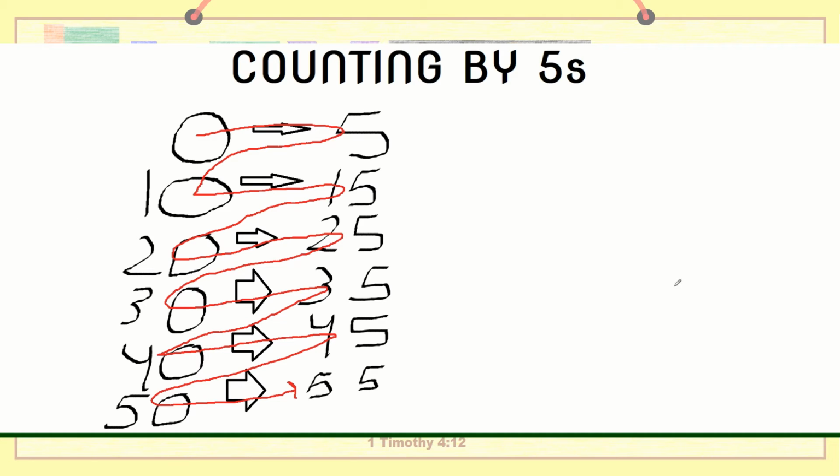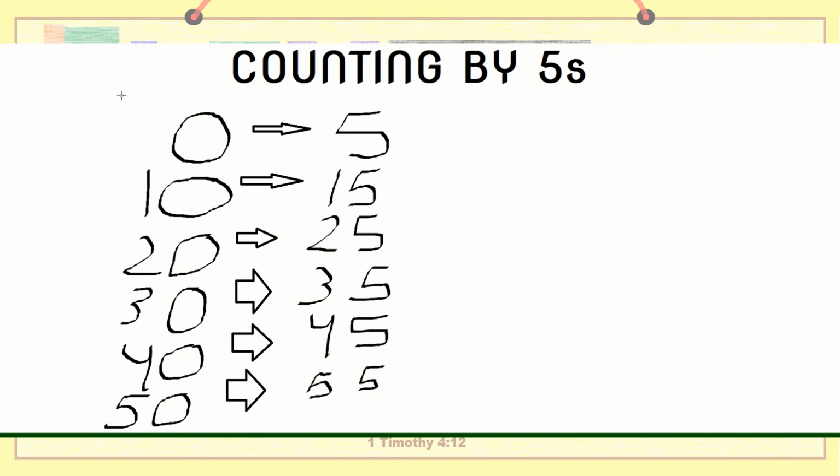So we know that when counting by fives, we're only going to go from 0, 5, 0, 5, 0, 5. We're going to continue that cycle. And all we have to do is count the next number that comes next that either ends with a 0 or ends with a 5.